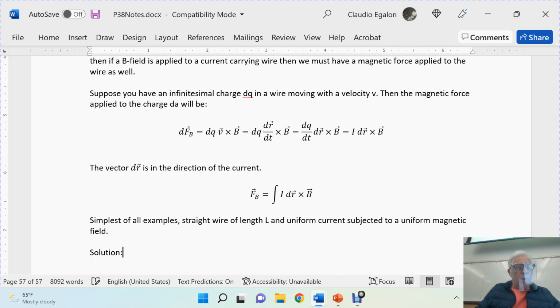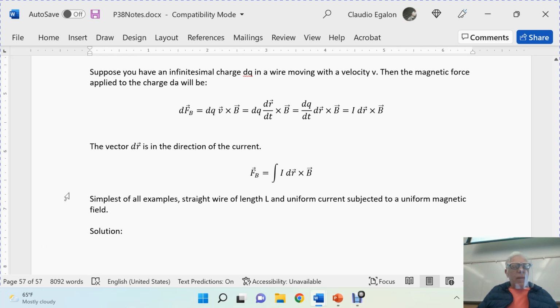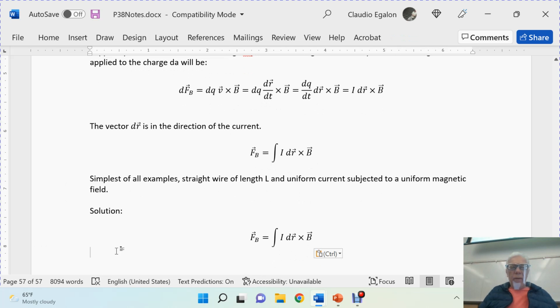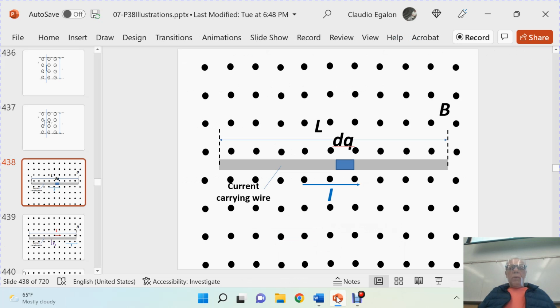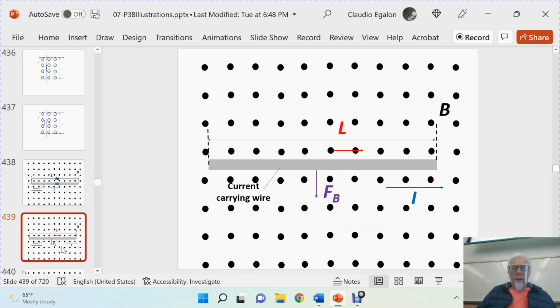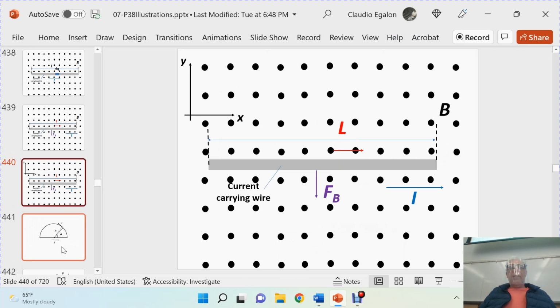Solution. Just use this integral, dr cross B. That's going to be L cross B. Let's go back here to our example. We're going to put x and y axes here. Okay, the current is flowing along the x hat direction.